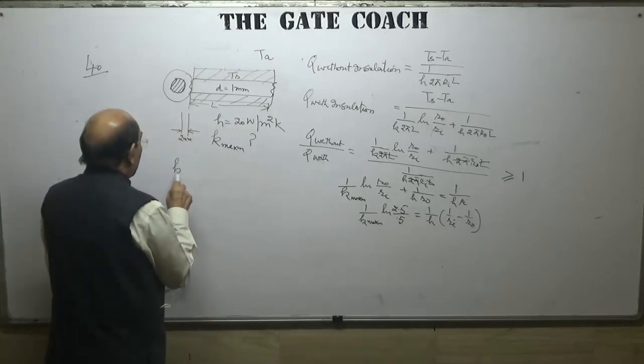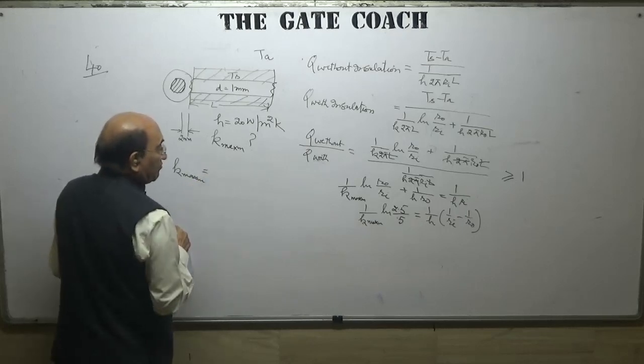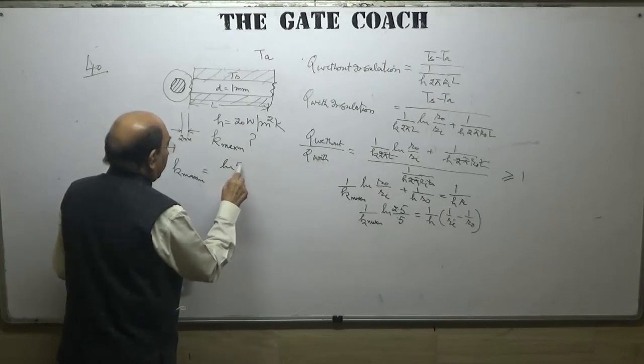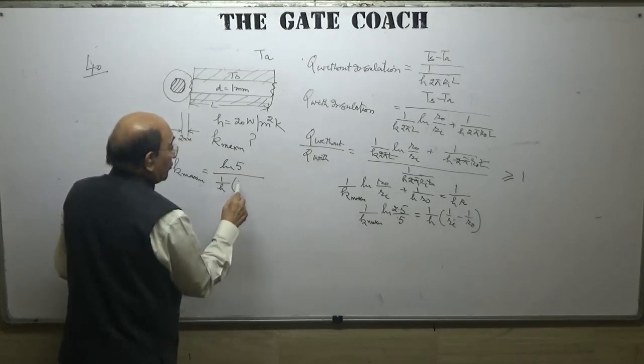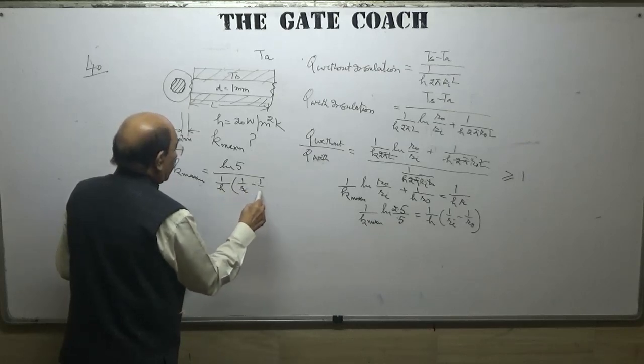Thus, k maximum is equal to log of 5 upon 1 upon h into 1 upon Ri minus 1 upon Ro.